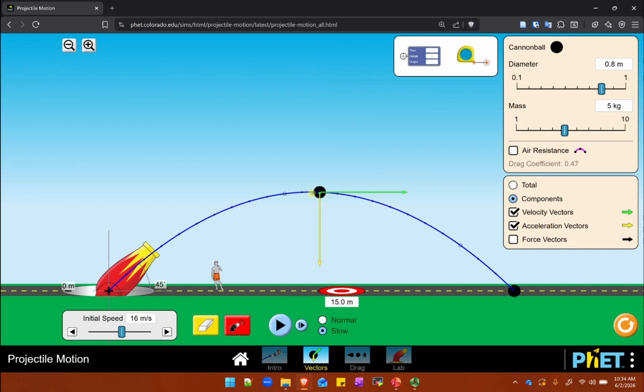This is because it's now changing directionality, right? So if we allow it to keep going, we see that the y component starts to get larger and larger. This is because the acceleration in the y direction is causing this to accelerate in the negative direction.